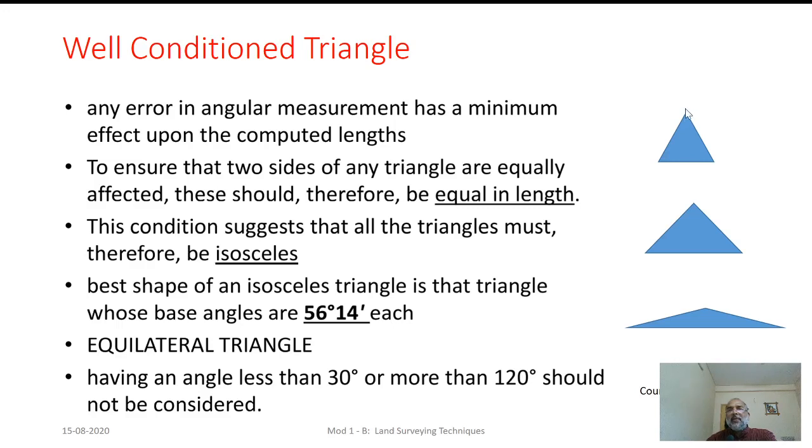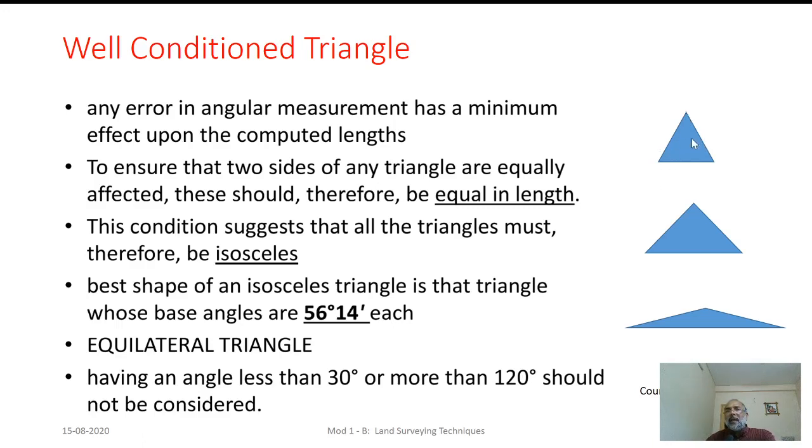So say if we wish to plot this particular apex by making use of these linear dimensions, we should see that the intersection of these sides will be so accurate that it will be giving the precise position of that apex.